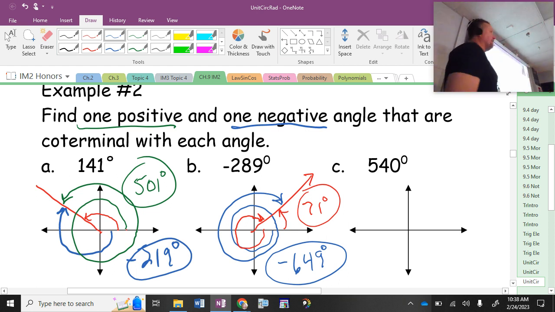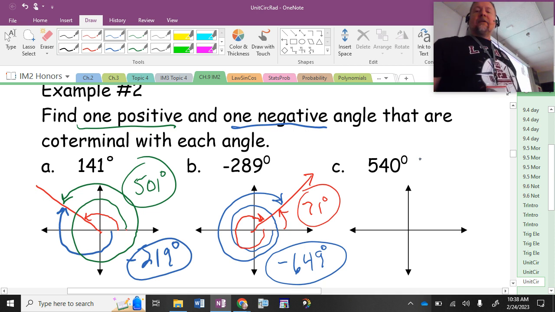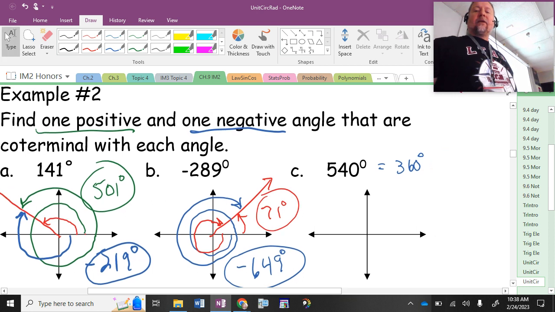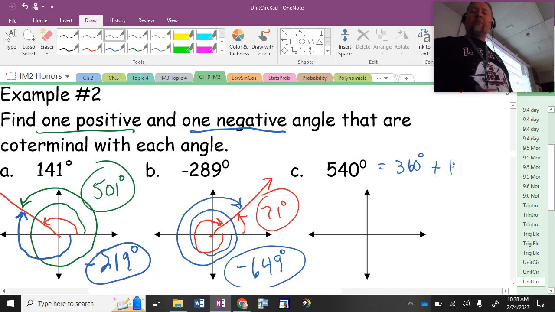All right. And then 540. Oh, 540 is 360. By the way, one of the answers is going to come up here right away. Plus 180. I don't think I did this one. I think I skipped this one.